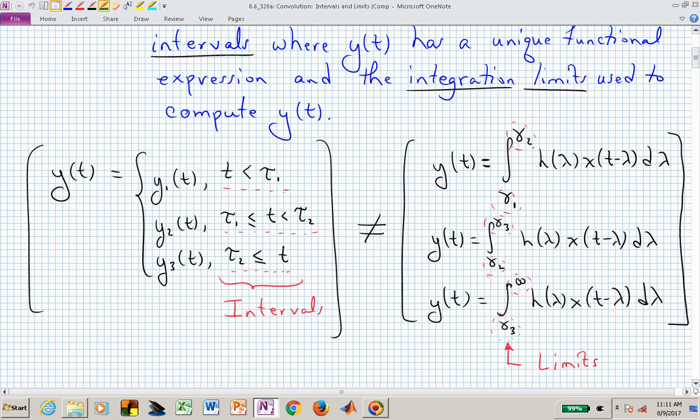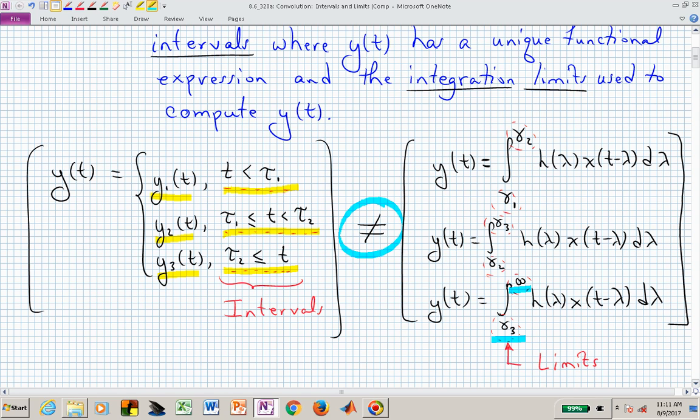On the left, I'm trying to emphasize the intervals in which y of t might have a different functional value, and there I'm distinguishing between y sub 1, y sub 2, and y sub 3 in these different time intervals, or times where those functional expressions are valid, versus, and note that there's a not equal sign between these, the limits on the integration.